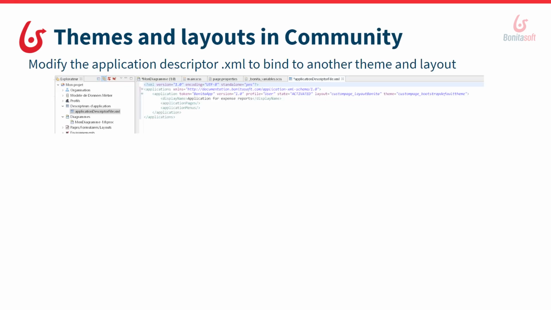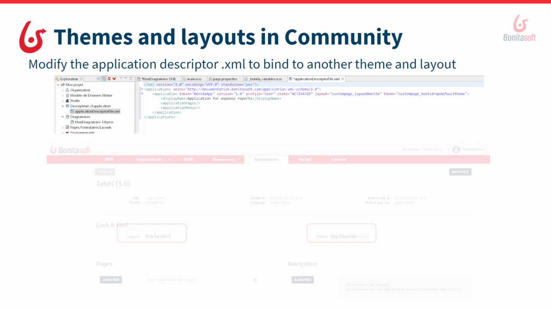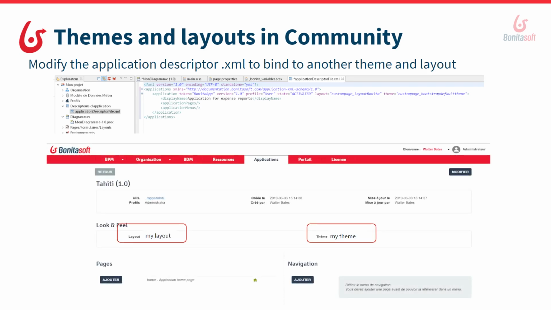Also now in this version, you can use custom theme and layout in the community edition. So when you create the application descriptor of your application and when you edit it in Bonita Studio, you are able to define the layout and the theme to be used for your application.